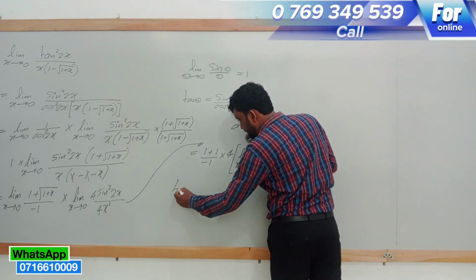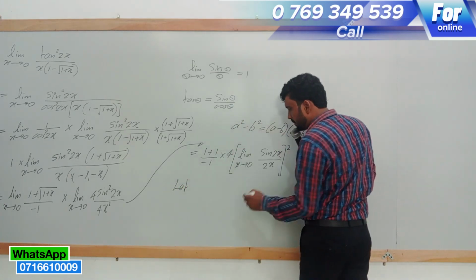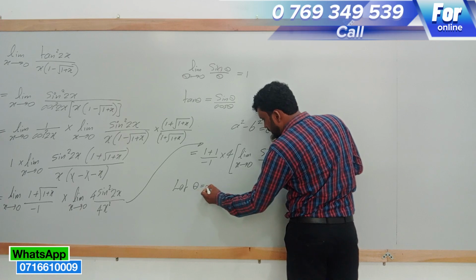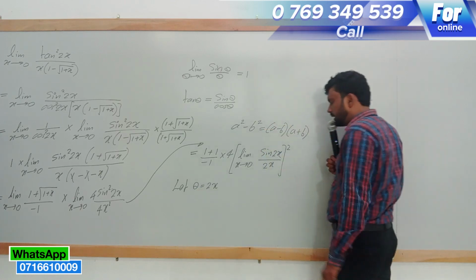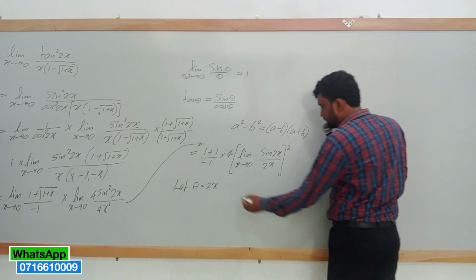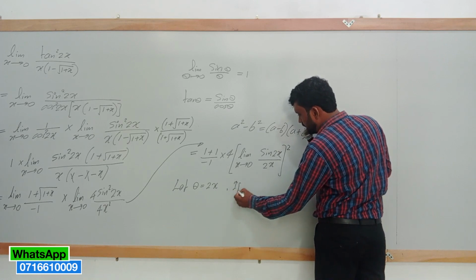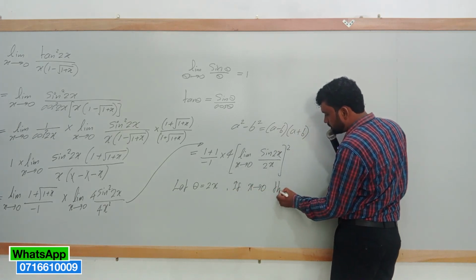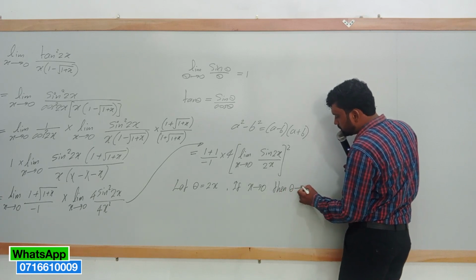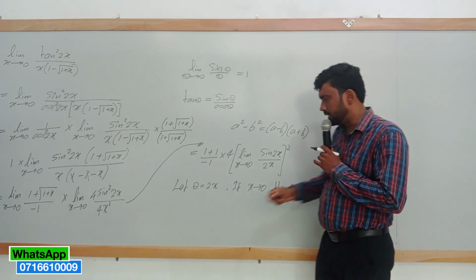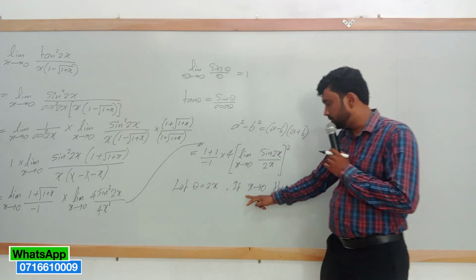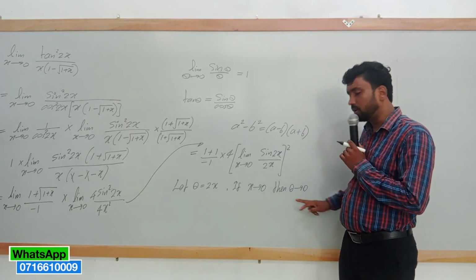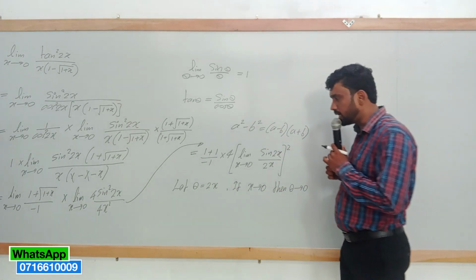But we have another problem here, right? Let theta equal 2x. If x goes to 0, then theta goes to 0, right?